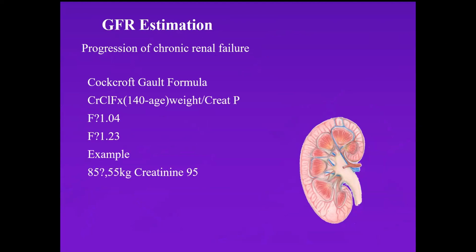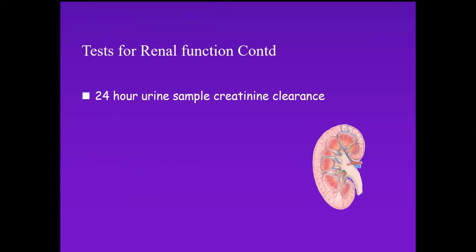For example, if you have a patient with a creatinine of 85 or 95, a very small patient, the creatinine clearance might work out to 33 mils per minute, even though the creatinine is in a normal range. The MDRD formula is given to us by the labs routinely, but for other reasons, it doesn't always translate into a true reflection of the patient's kidney function.